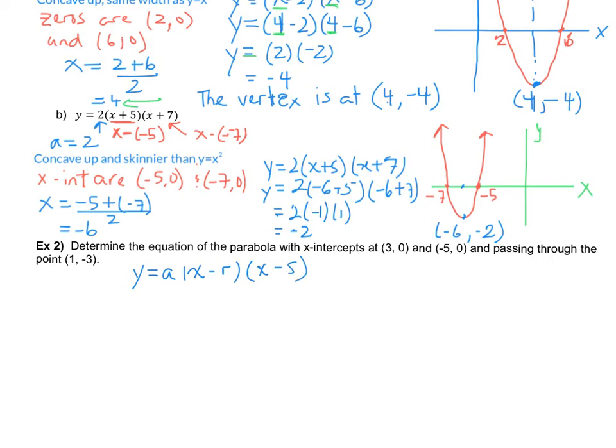And then we're going to start by putting in what we know. We know the x-intercepts are positive 3 and negative 5. So if we sub those in, keep the a outside, we're going to have x take away positive 3, and then we're going to have x take away negative 5.